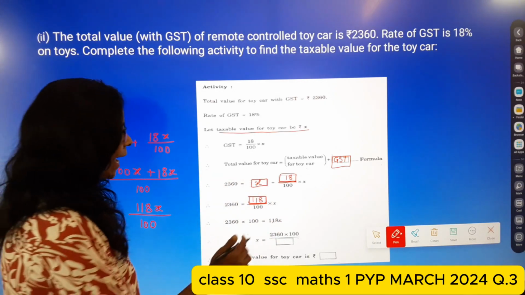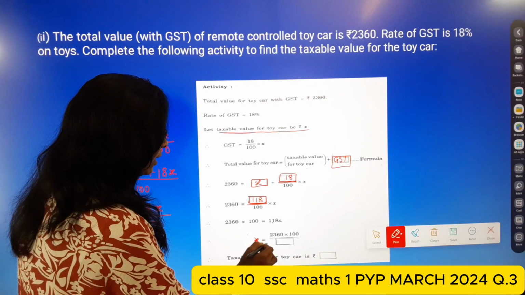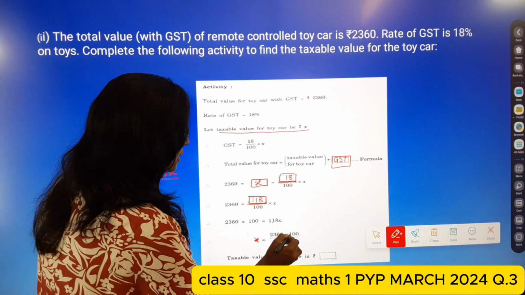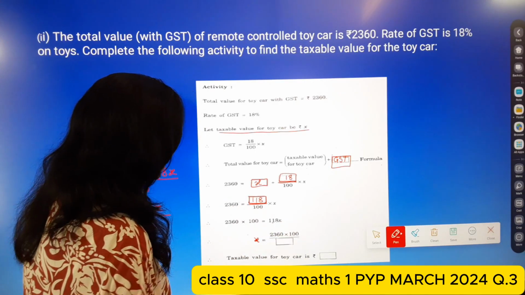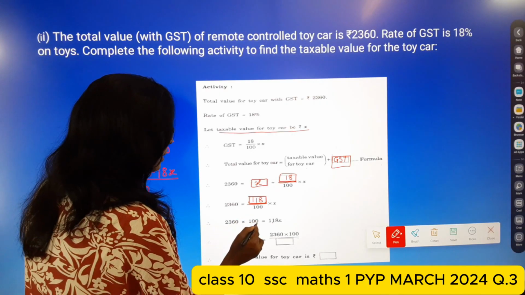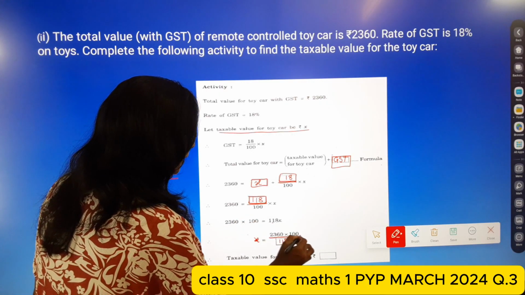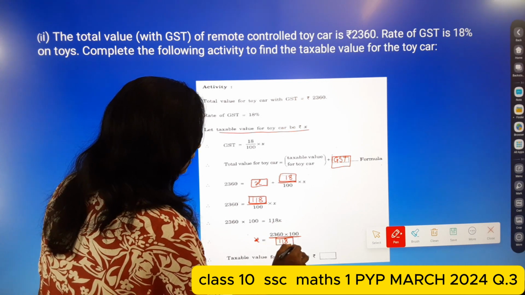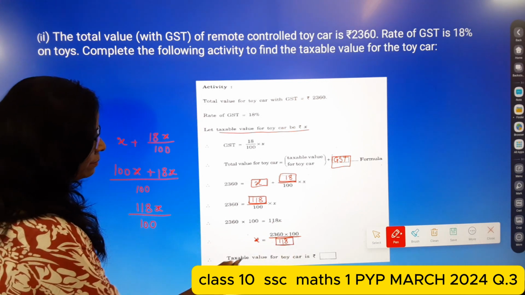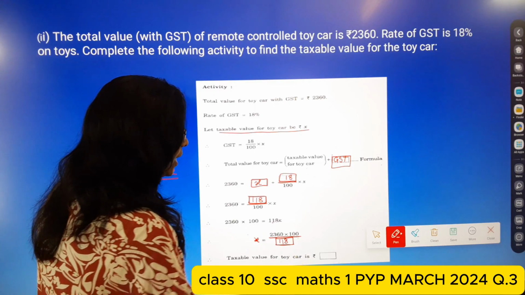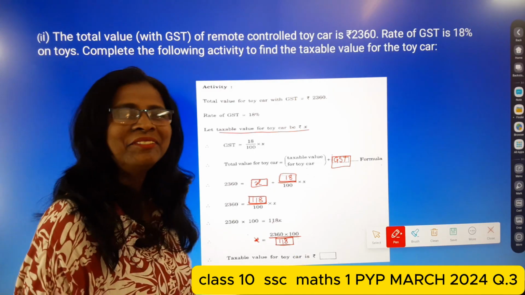And then X is equal to 2360 multiply 100 divided by 118. Now the taxable value for the toy car is, so here we have to write the final answer.